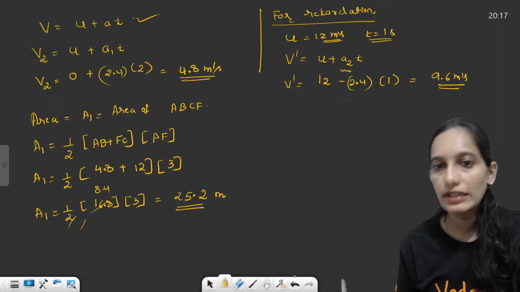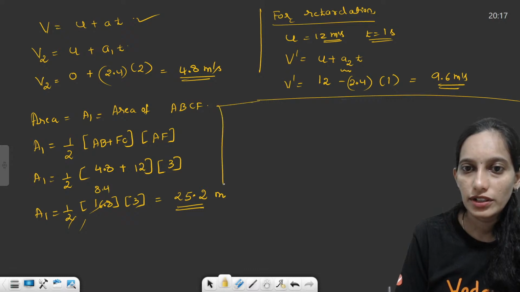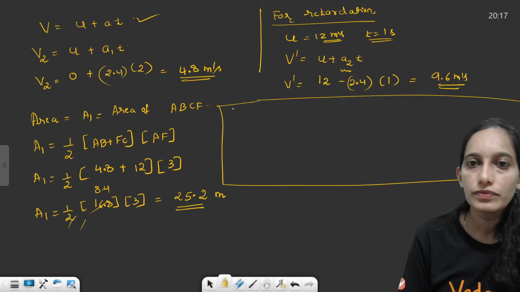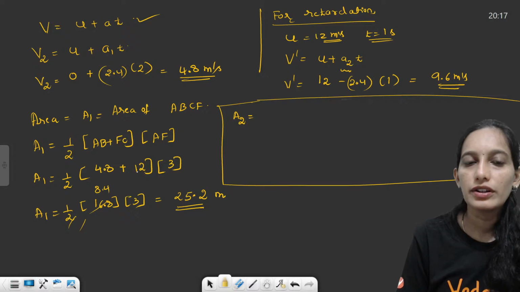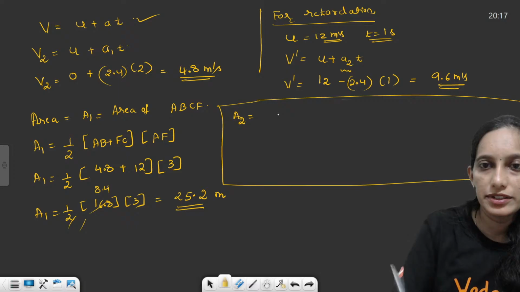Similarly, we have to find another area. I'll try to write here itself, hope you can follow. That is area A2. Again there is a trapezium, so let us label it.